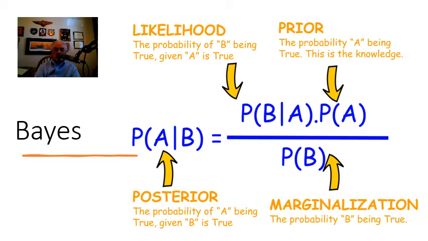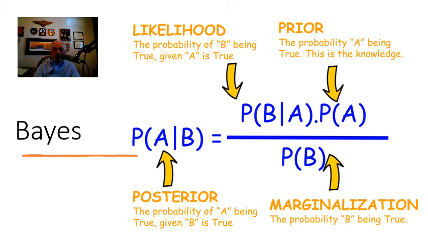That is the probability that A being true given that B is true. What is that probability? That's the answer on the left. On the right-hand side of the equation, we're looking at the likelihood, the probability of B being true given that A is true.